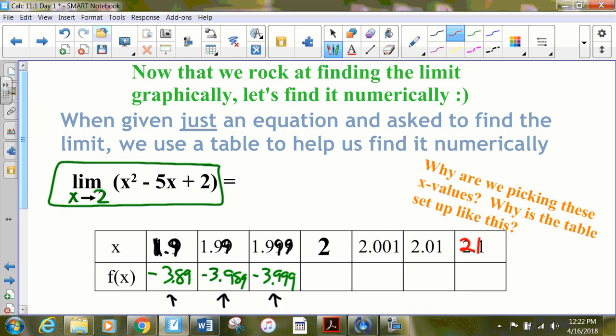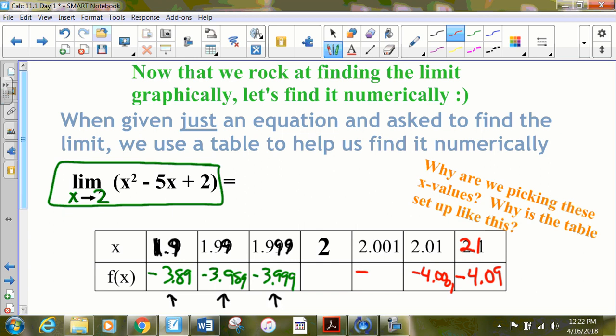So when we put our 2.1 into our function of x squared minus 5x plus 2, we're going to get negative 4.09. And when we put 2.01 in, we'll get negative 4.0001. Should that be a 9, I'm wondering? I have a feeling that should probably be a 1. But anyway, let's keep going.